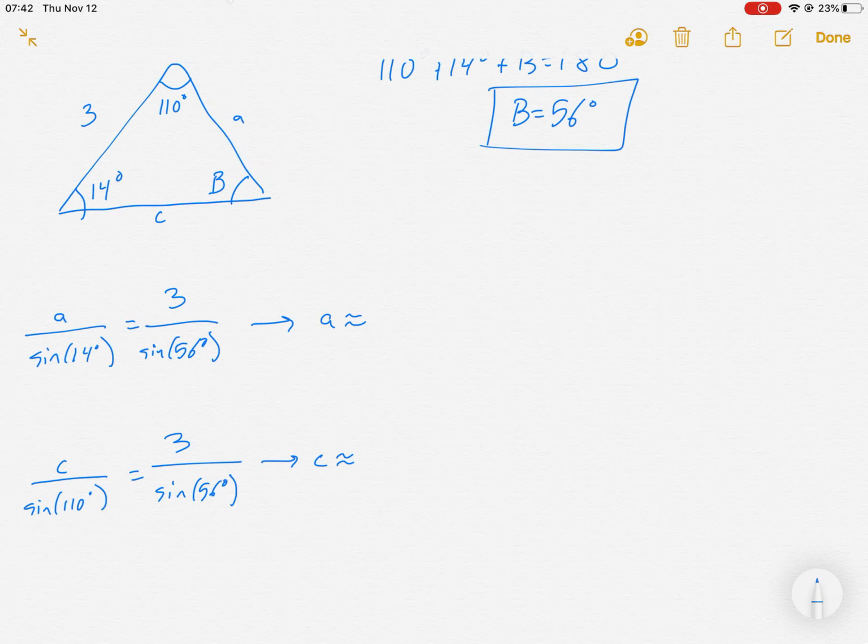Okay, I'm getting about 0.875. And then for C, I'm going to end up with 3 times sine of 110 divided by sine of 56. So I get about 3.400 for C.